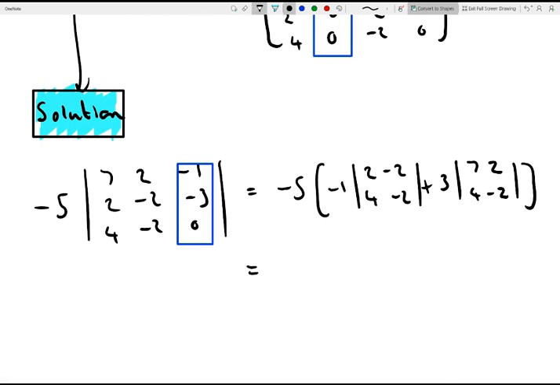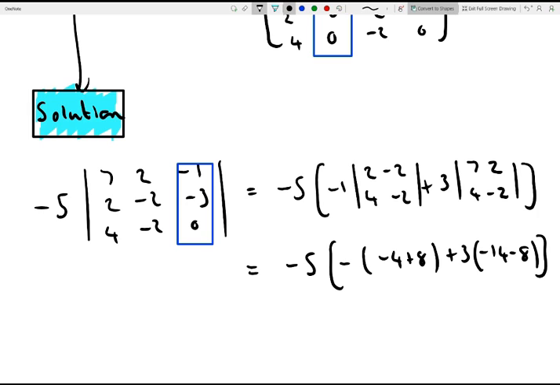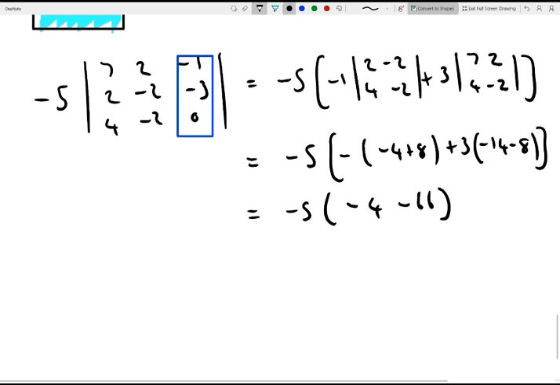And simplifying this all, we get minus 5 out the front, minus 4 plus 8, plus 3 times minus 14 minus 8. And simplifying all of this, we get minus 5 times minus 4 minus 66, which gives us 350.